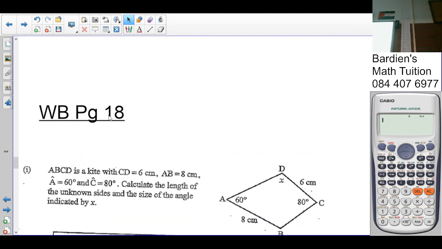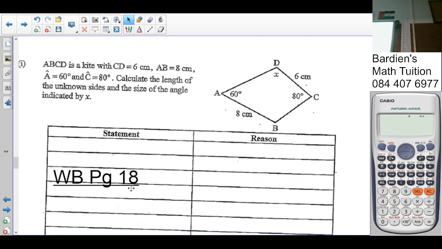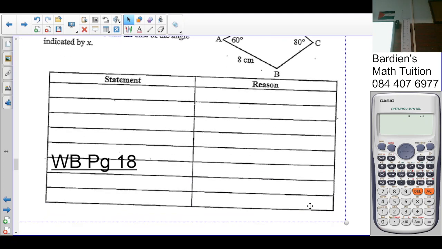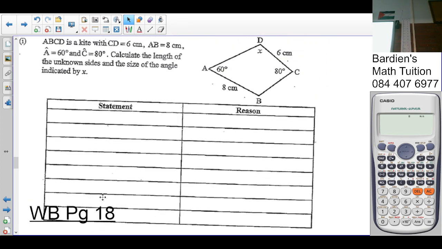Okay, next. This is the question the learner said they have in their book. I have both, and so did you, no? Right. We are told that ABCD is a kite. Two properties come to mind: two pairs of adjacent sides are equal, and one pair of opposite angles are equal.